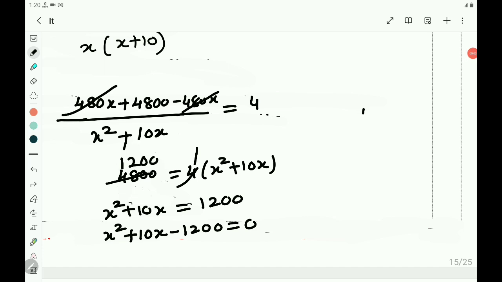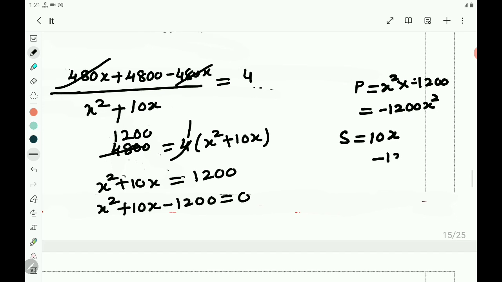Here the product is x square into minus 1200, which is minus 1200 x square, and the sum is equal to the middle term 10x.